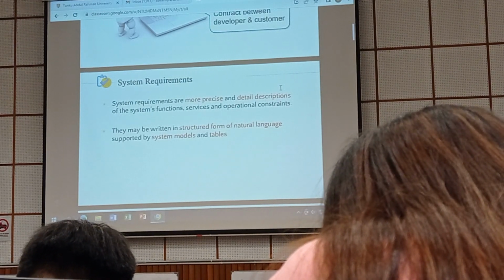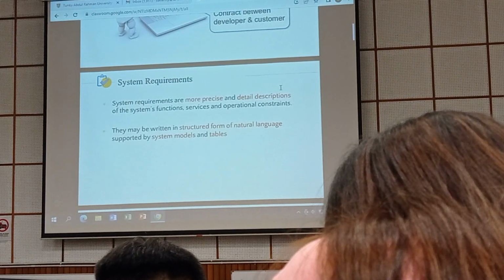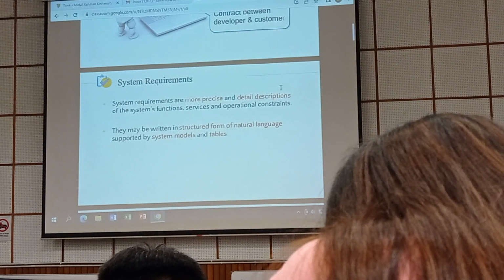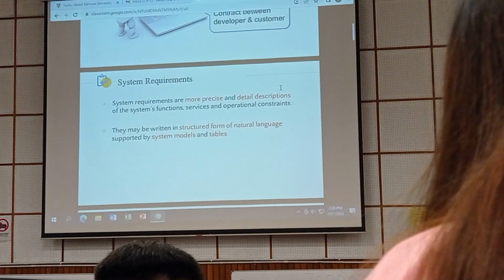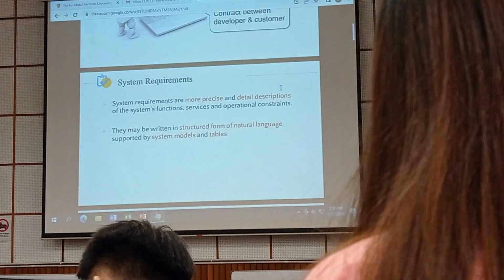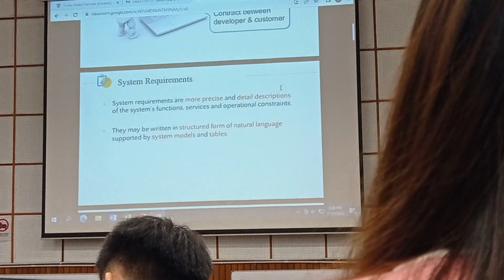Inside the proposal, you are given the aims, the objective, and the system, so there is a template that you have to use. Basically, the structured form is the template that you can use.